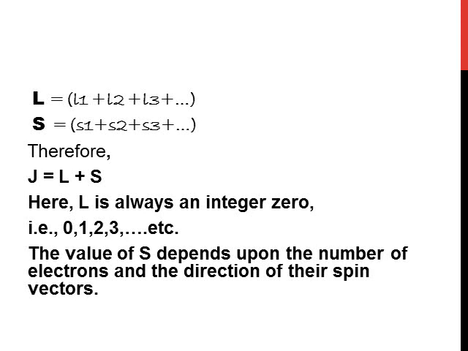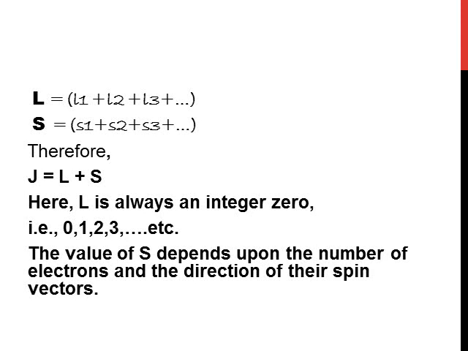When these spin angular momenta are combined, they form a resultant vector capital S. When these resultant vectors L and S combine, they form a resultant vector J, which is called the total angular momentum of the atom.